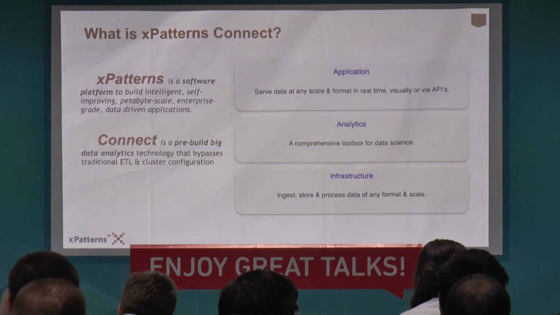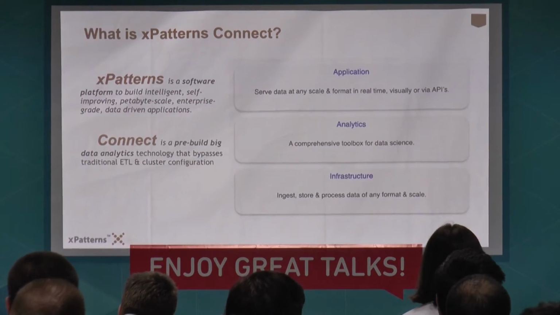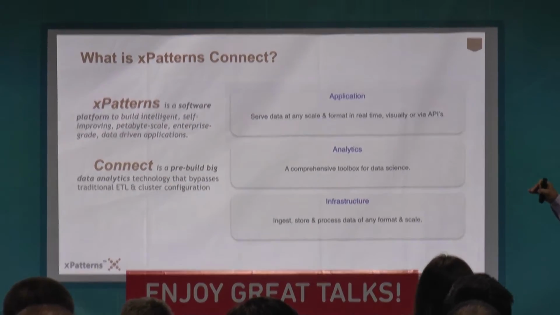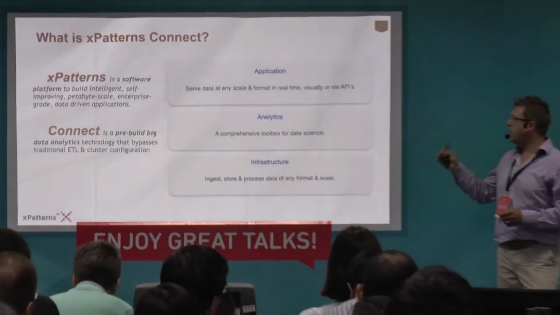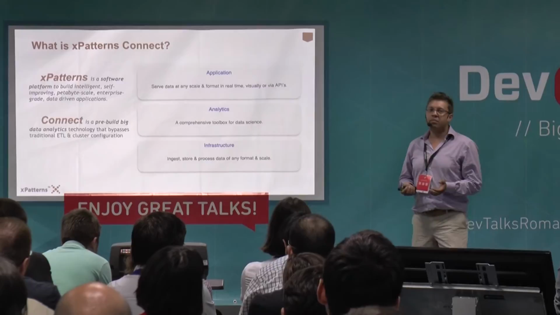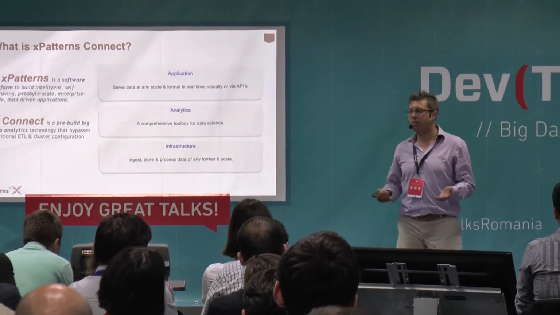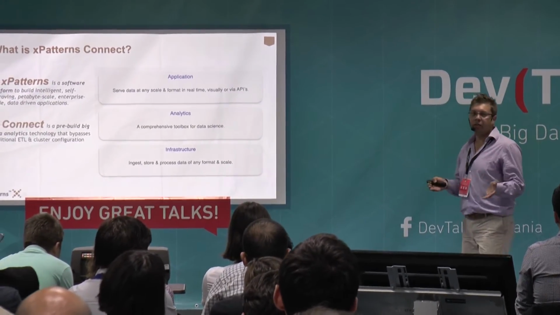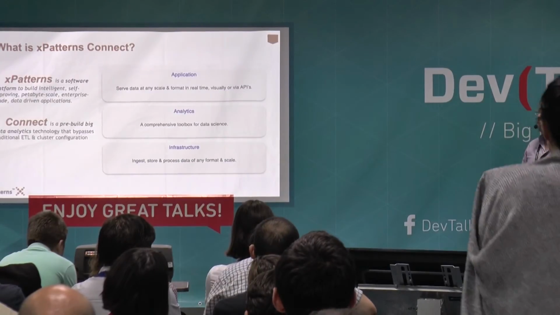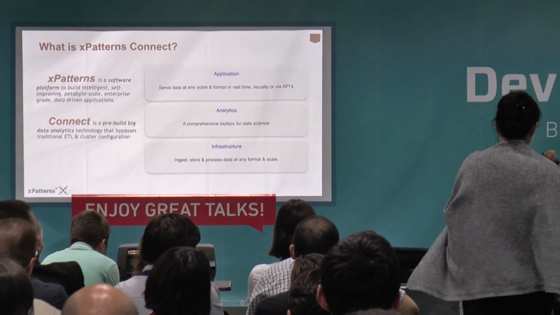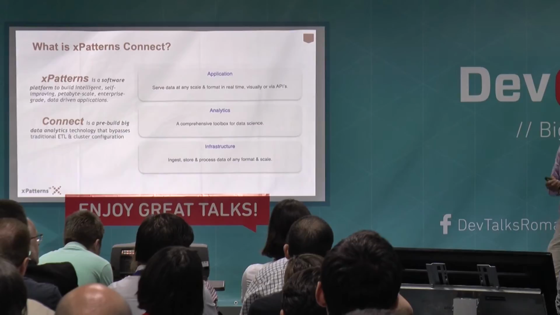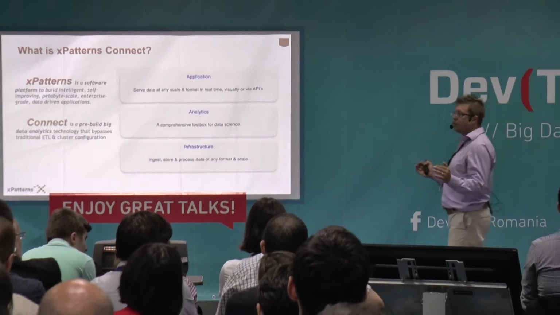The platform is divided into 3 categories, and each one addresses different problems and comes with different solutions. In terms of infrastructure, I will discuss a little bit later, but everything about ingesting the data from an external system, on premises or on VPC in Amazon, preparing the data, cleaning up the data, normalizing the data, is part of infrastructure.